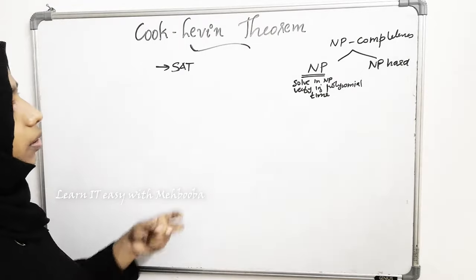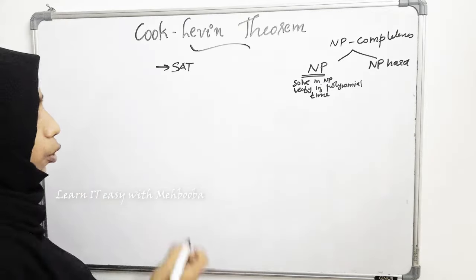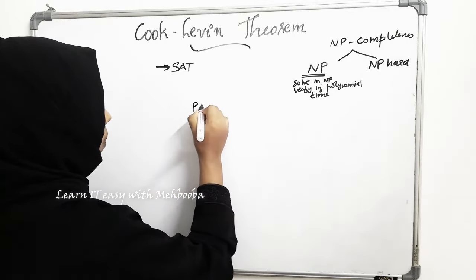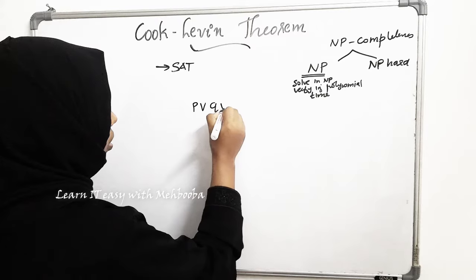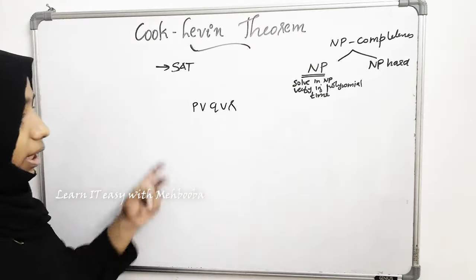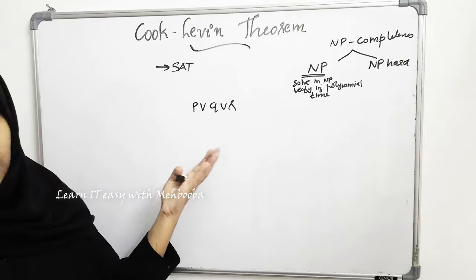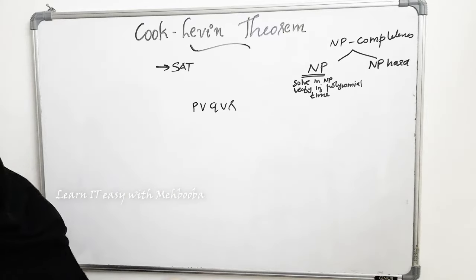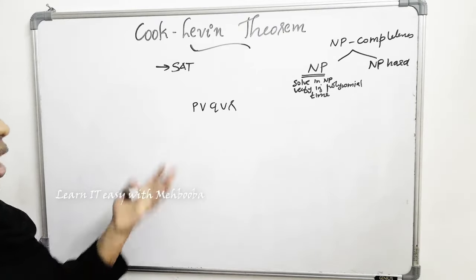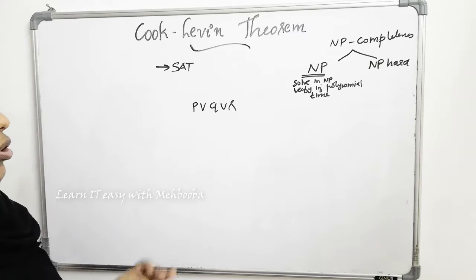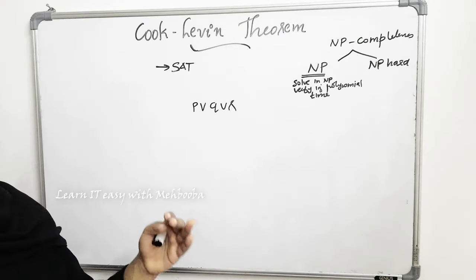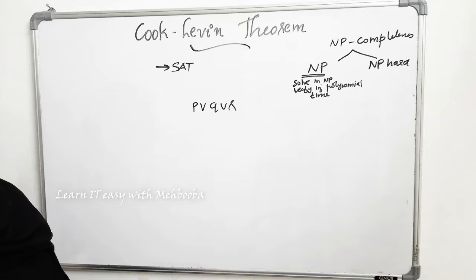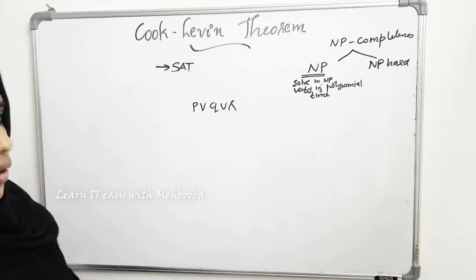See, for a satisfiability problem, for example, if a problem is like P or Q or R, it contains three literals and we need to check whether this can be satisfied or not. To check whether a Boolean formula is satisfiable or not, in the worst case you have to try all the possible assignments for the variables.